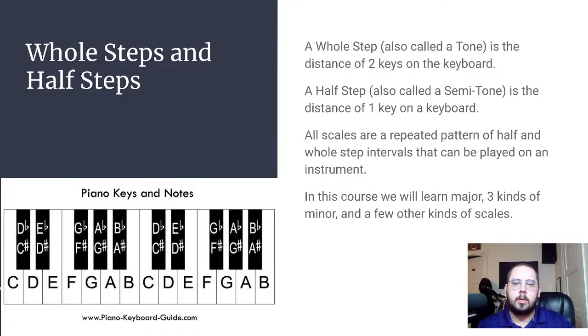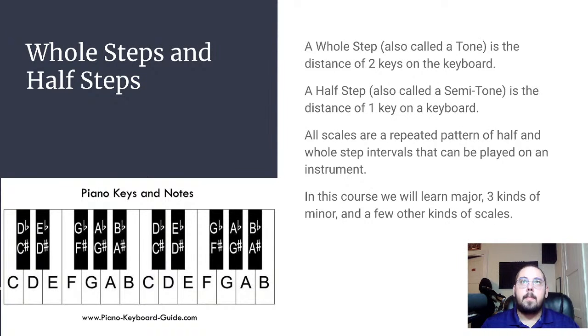In this course, we're going to learn a bunch of different scales. We're starting with the major scale today, but one thing that all scales have in common is that they're just a different arrangement of half steps and whole steps. It's a pattern, and you can stick that pattern on any note and play it, and you'll have played in that key on that note.